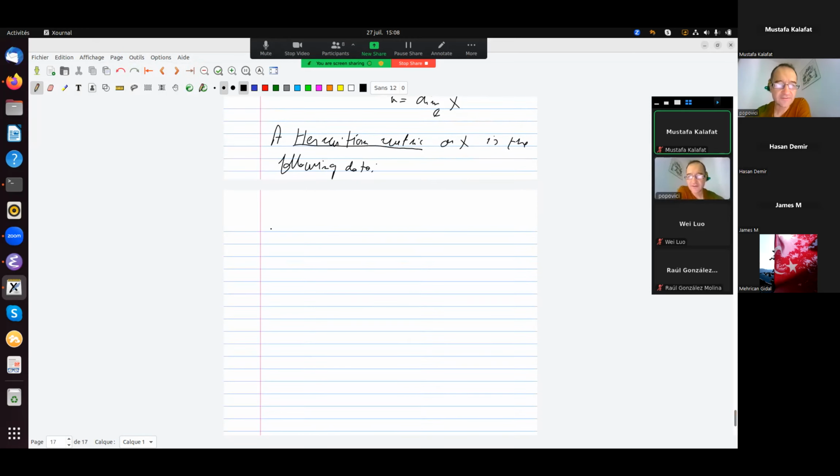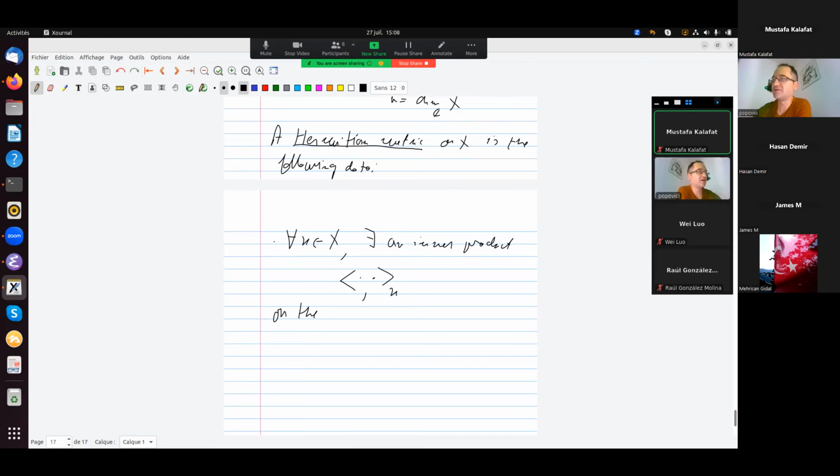We require that for every point x in the manifold, there exists an inner product, an inner product depending on x, on the tangent space to the manifold at x.